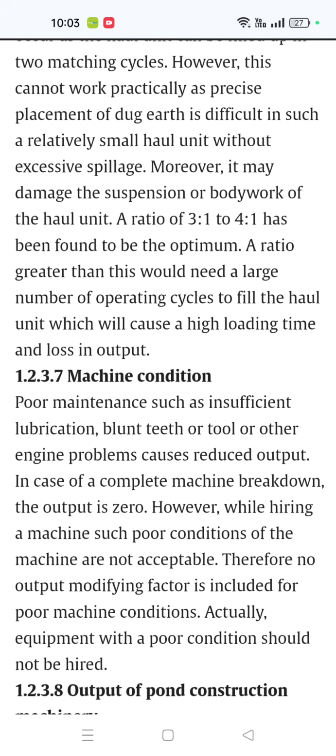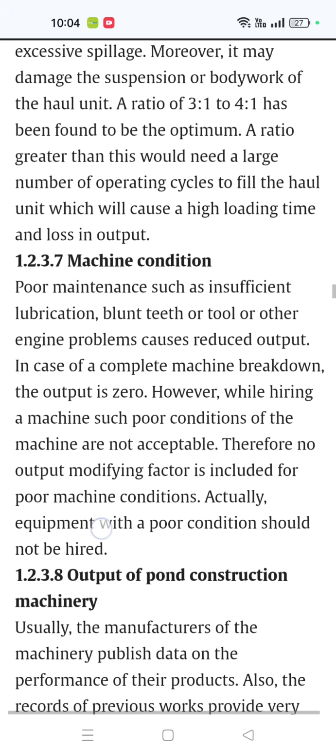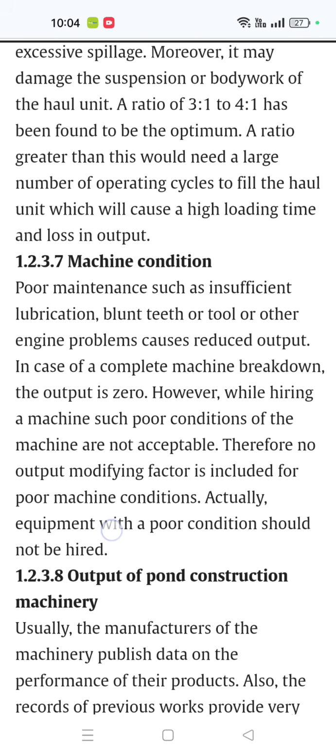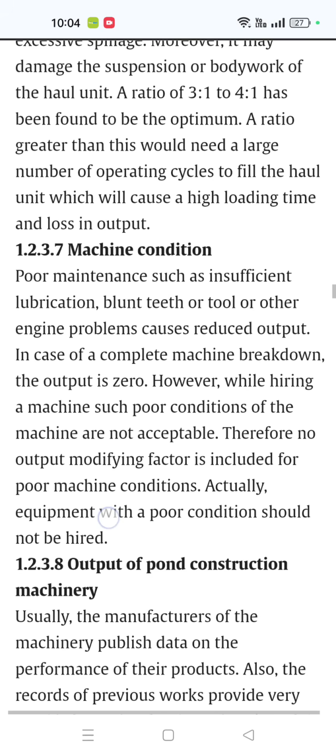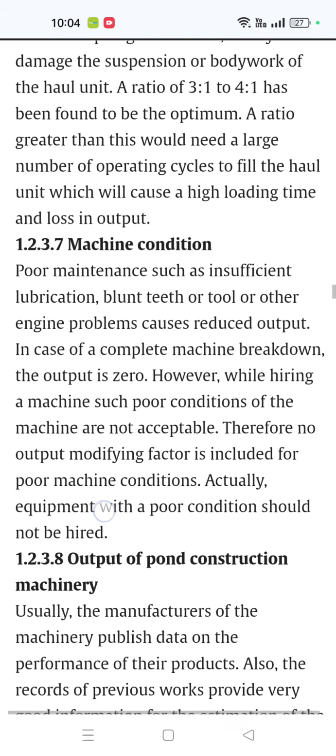A ratio of 3:1 to 4:1 has been found to be the optimum. A ratio greater than this would need a larger number of operating cycles to fill the haul unit, which will cause a high loading time and loss in output.